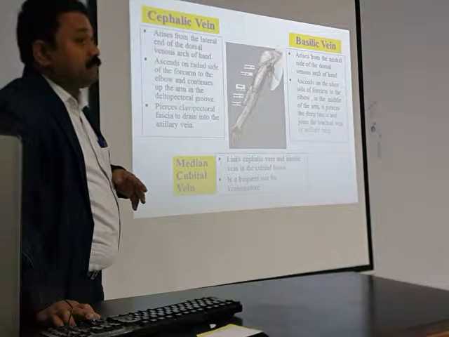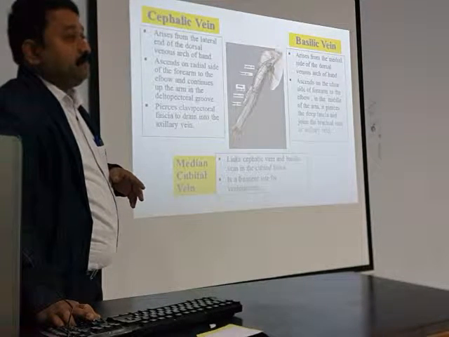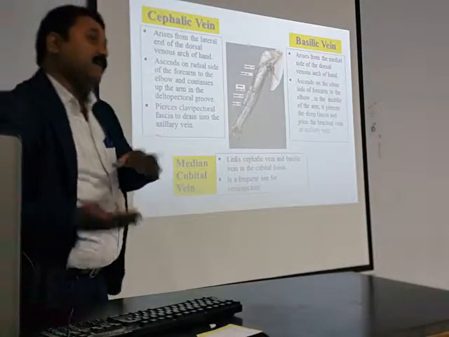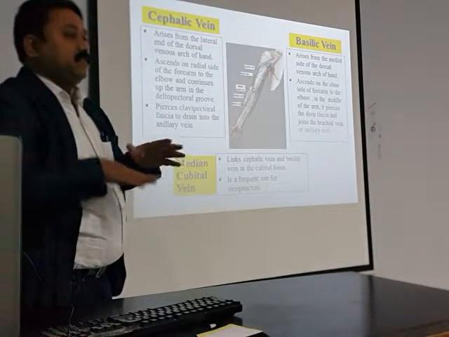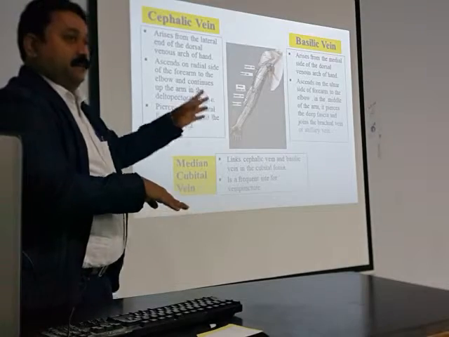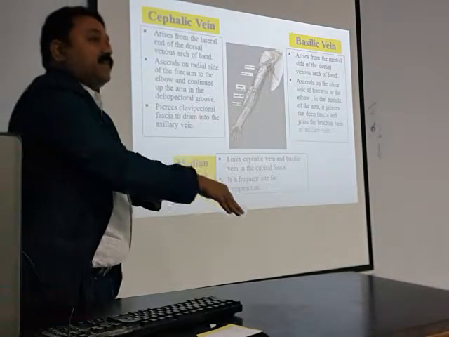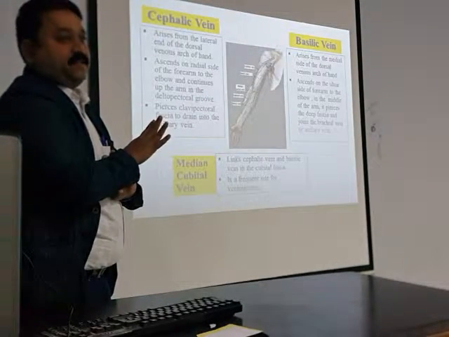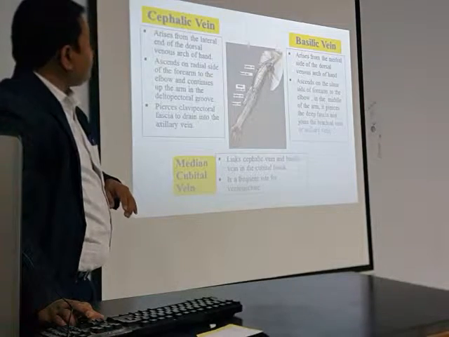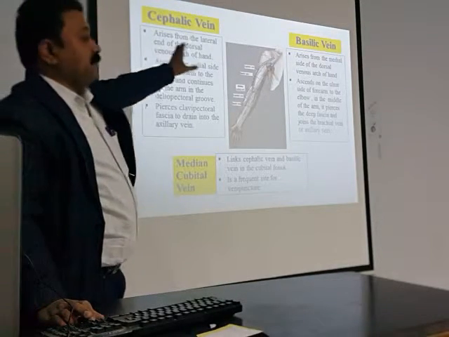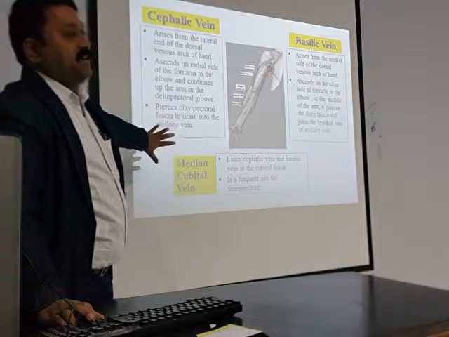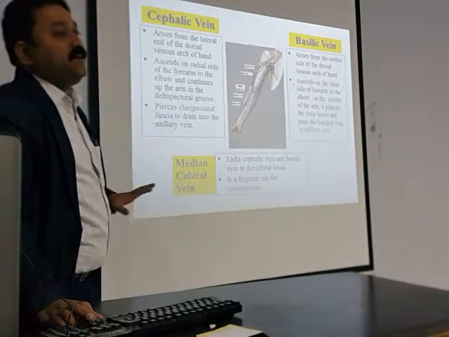It pierces the fascia, and after that it drains into the deep veins, isn't it? So this is about the cephalic vein, basilic vein, and median cubital vein, the superficial veins.